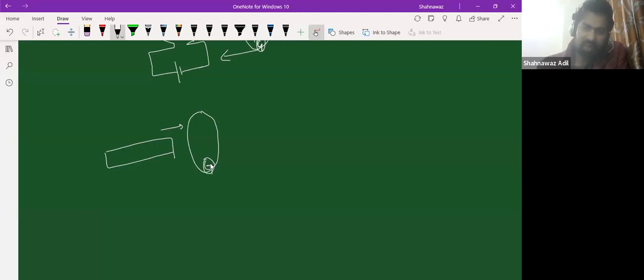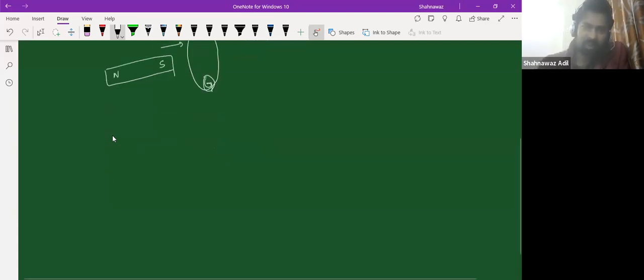Again, we will see a deflection due to the movement of the magnetic field. Let's say this is north and south. So due to these experiments, Faraday formulated that there would be a net EMF.